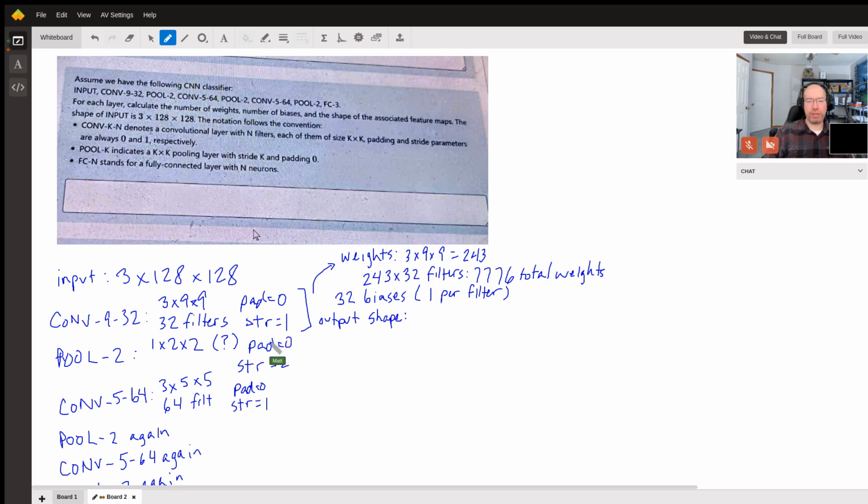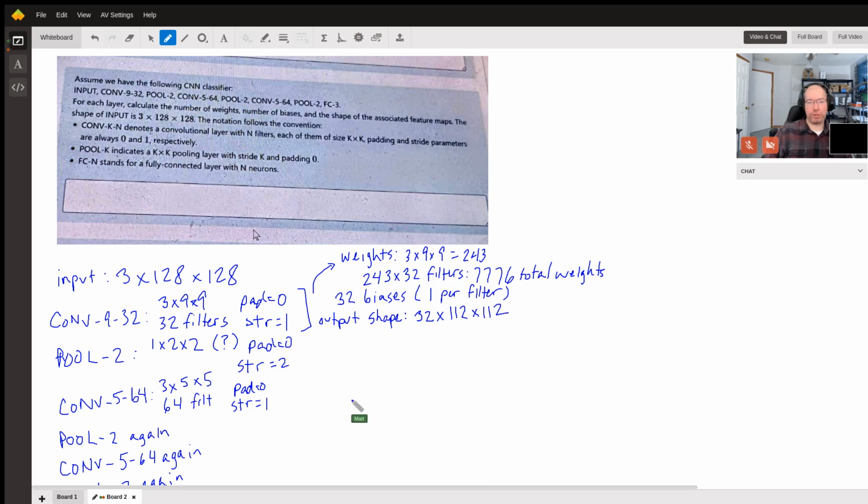Since it's a 3 by 9 by 9, the output shape will be 32, because that's the number of filters, by, for the 128, we would take off 8 on each side, I guess, of our filters 9 by 9. So it's going to be taking off a total of 16. So I think that's 32 by 112 by 112.